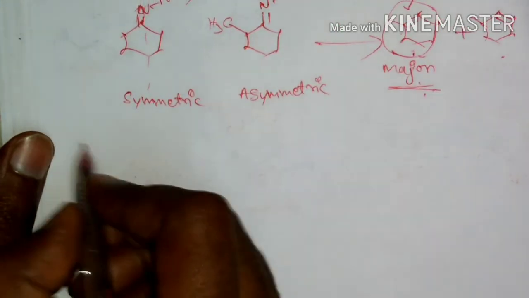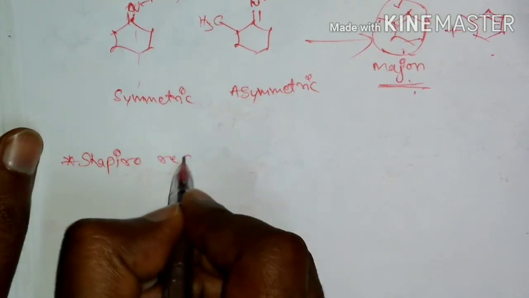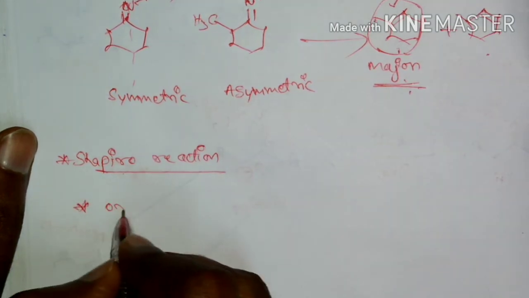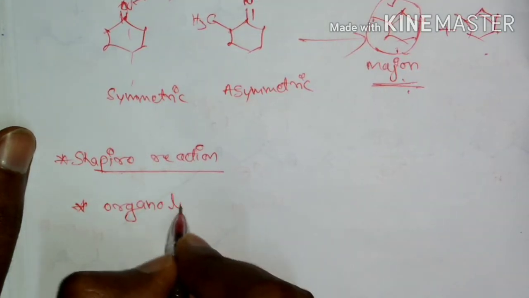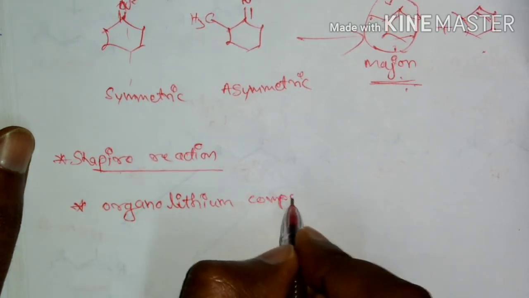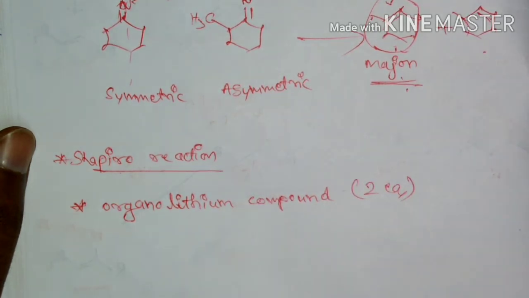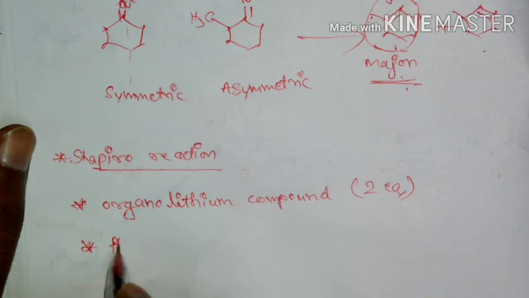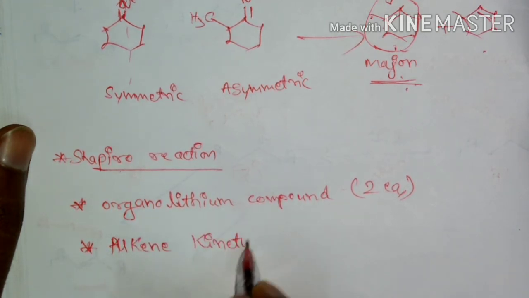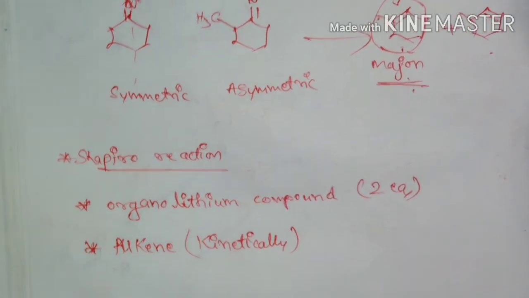So if I summarize Shapiro reaction, here we are going to use an organolithium compound, and you need to remember it is used in two equivalents, and you are going to get the kinetically stable alkene, that is the less substituted alkene.